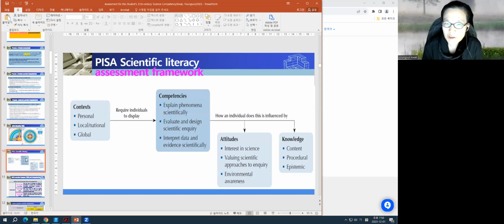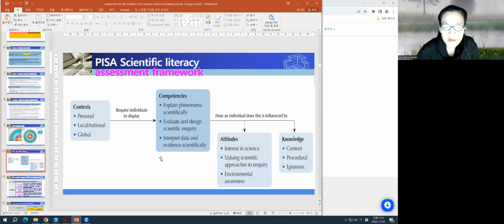Official assessment program that assess students' science competency is known as PISA assessment. PISA is the abbreviation of Program for International Student Assessment, which assesses students' scientific literacy. Can you see here?